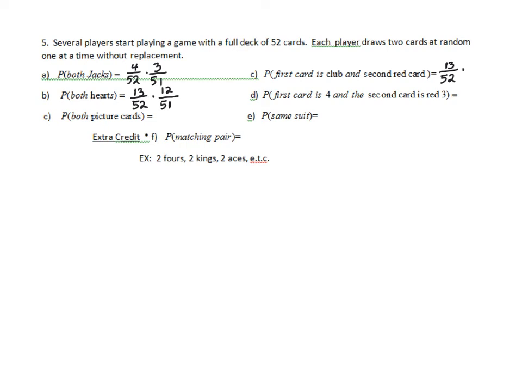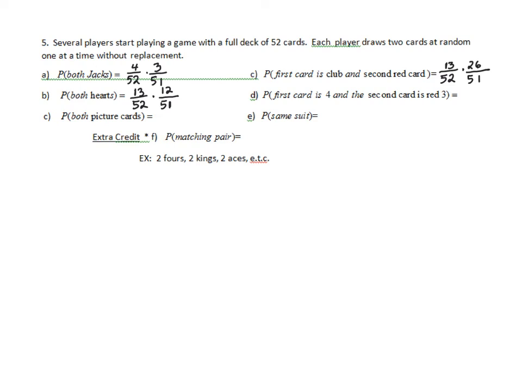No, because I believe the club is a black card. So there are 26 red cards in the deck. So there are 26 ways to pick a red card on the second pick because it does not affect the clubs, and there's one less card. So that's 51 ways.